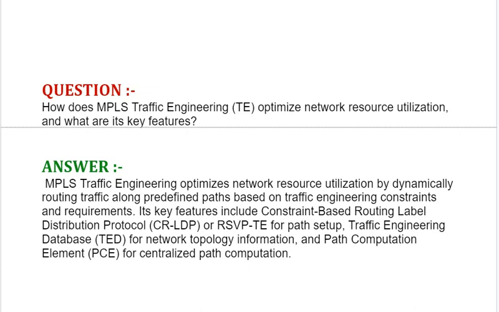Its key features include constraint-based routing label distribution protocol (CR-LDP) or RSVP-TE for path setup, traffic engineering database (TED) for network topology information, and path computation element (PCE) for centralized path computation.